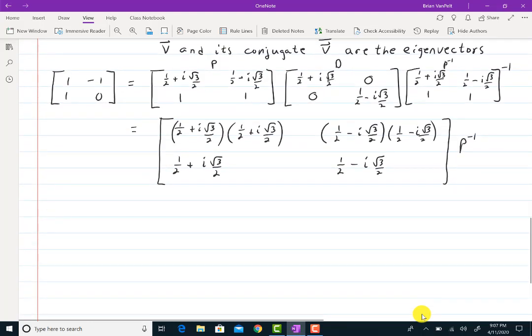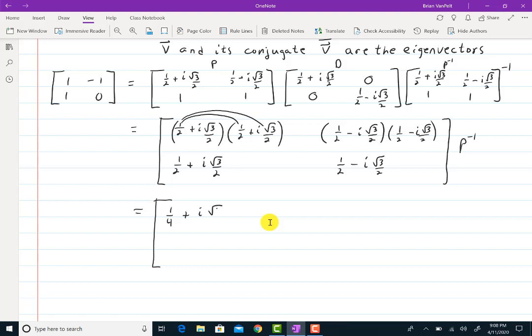Let me multiply these all out. So FOIL, as usual, I'm going to get 1/4, and then I'm going to get 1/2 times i radical 3 over 2. So that will be i radical 3 over 4. And then it's going to happen again.